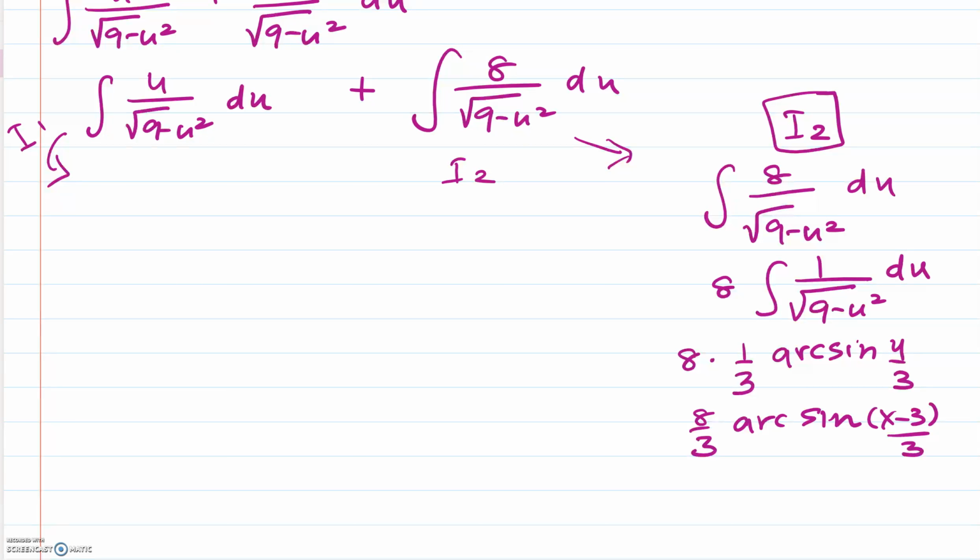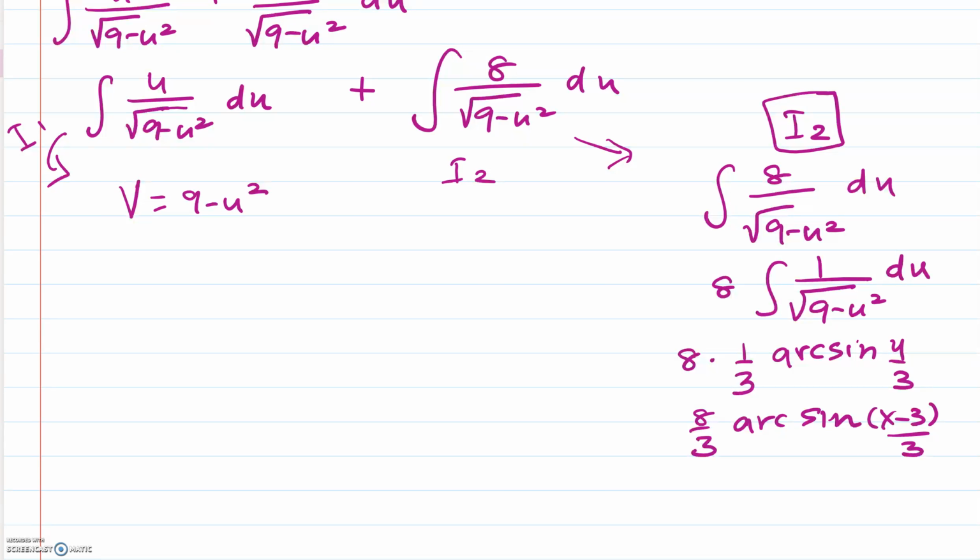So for integral 1, we want to first observe that there is a u squared in the denominator and a u in the numerator, right? Which is a derivative of u squared. So another substitution is required here. We're going to substitute v equal to 9 minus u squared. So the inner function becomes the new substitution.